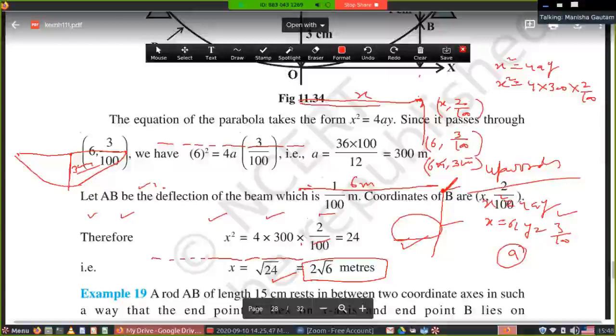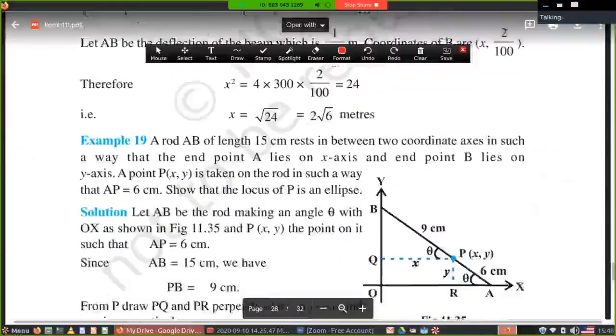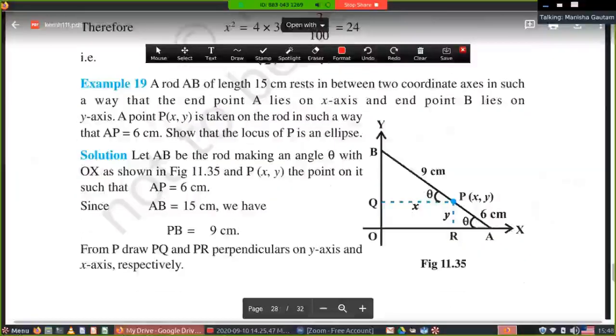Now this is example number 18. Now come to the next, example number 19. A rod AB of length 15 centimeter rests in between the two coordinate axes, the x-axis and y-axis both, in such a way that the endpoint A lies on the x-axis and endpoint B lies on the y-axis.